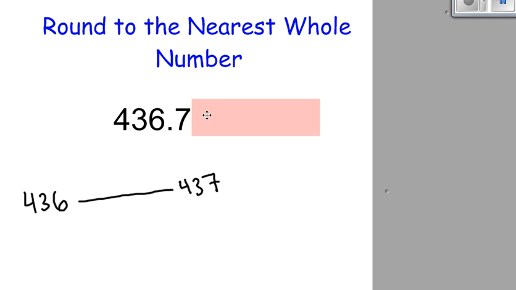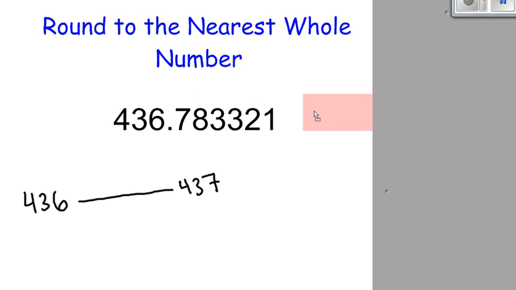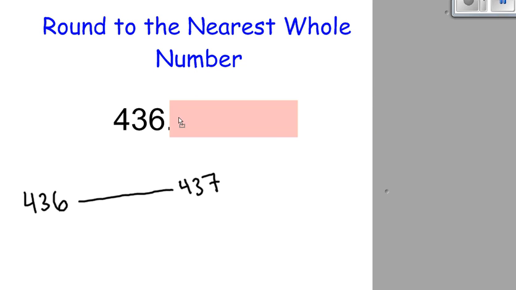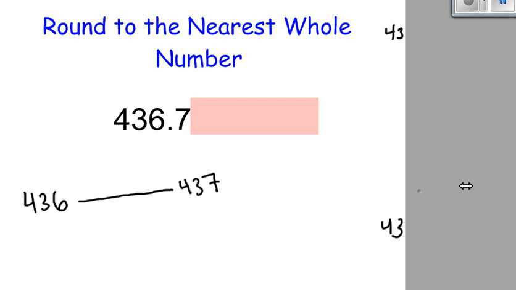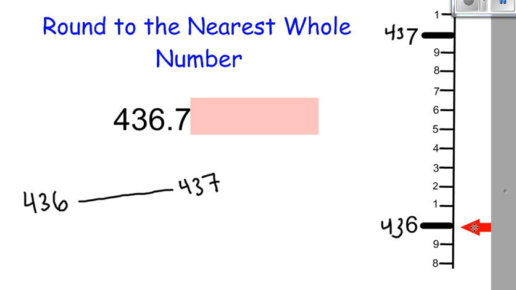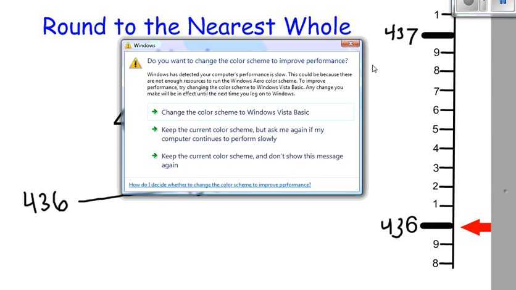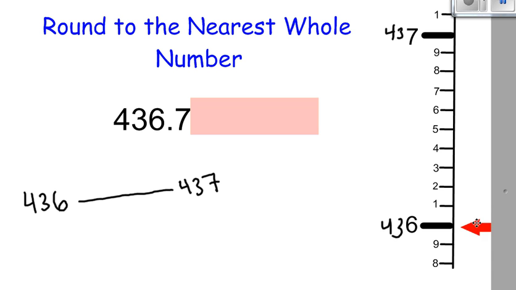In this case, that number is a 7. None of these other numbers matter whatsoever. If I want the nearest whole number, then I know I need 436, but I might want 437. The way I decide is I look at the first eliminated number. In this case, it's 7. So let's think about it. We got to 436, and then we got this far along. We got to the 7.